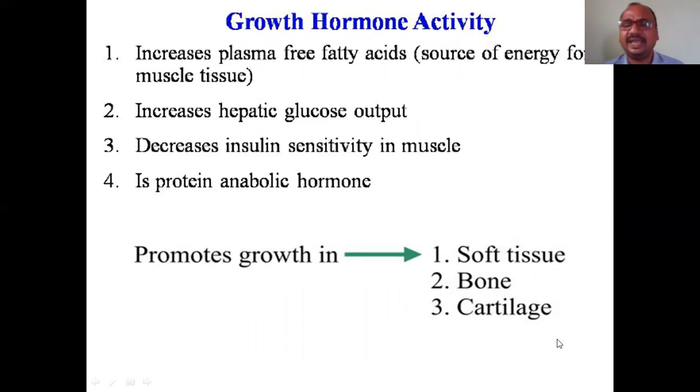And growth hormone's main important jobs are these three points: growth of the soft tissue, growth of the bone, growth of the cartilage, right? And it increases the plasma free fatty acids, increases the hepatic glucose output, decreases the insulin sensitivity in muscle. Okay, it is a protein anabolic hormone.